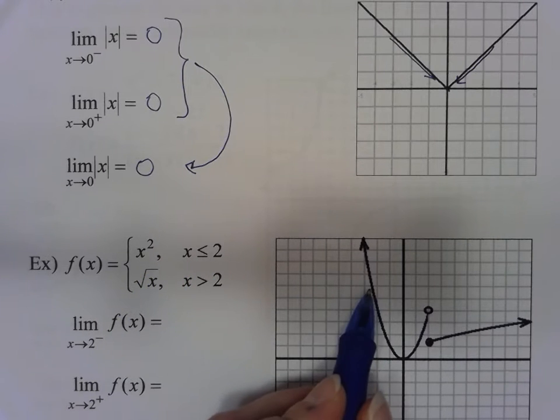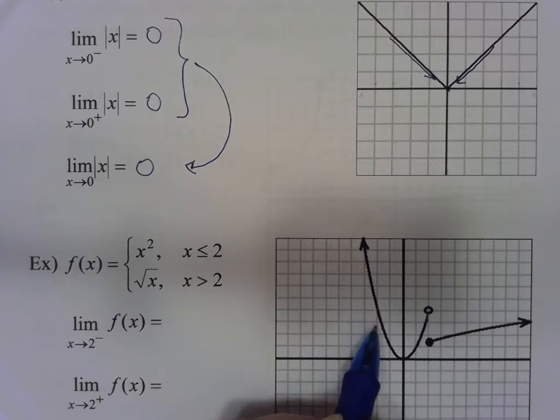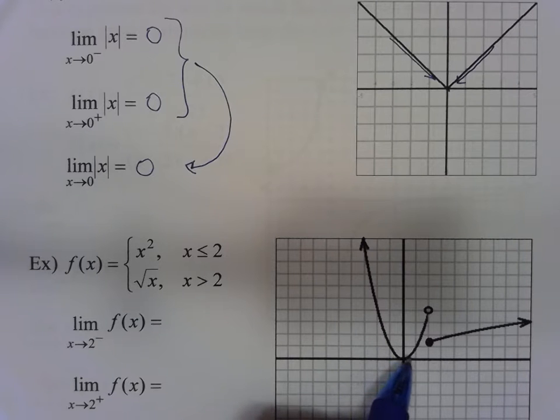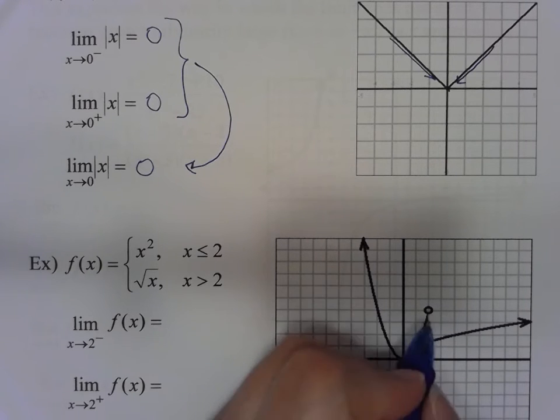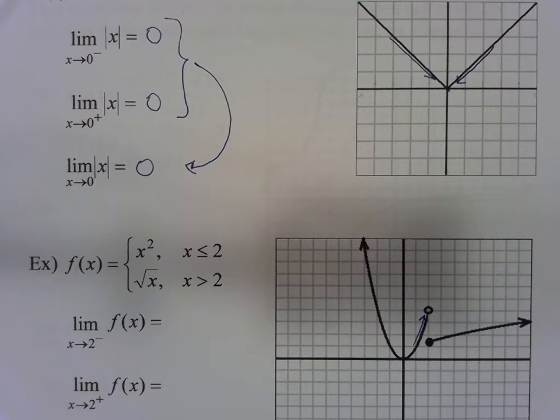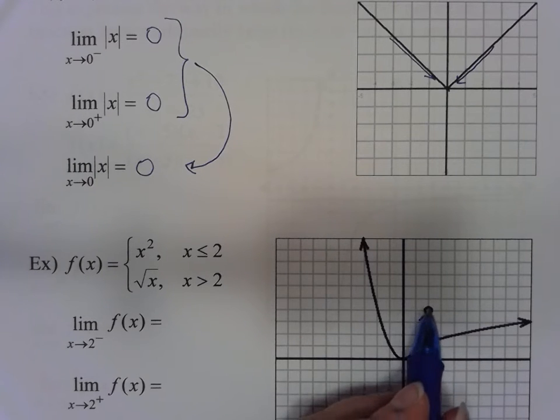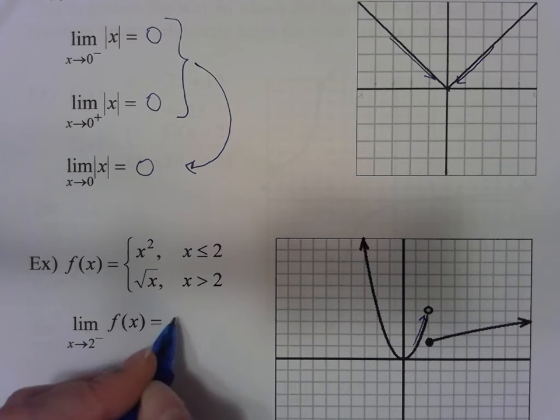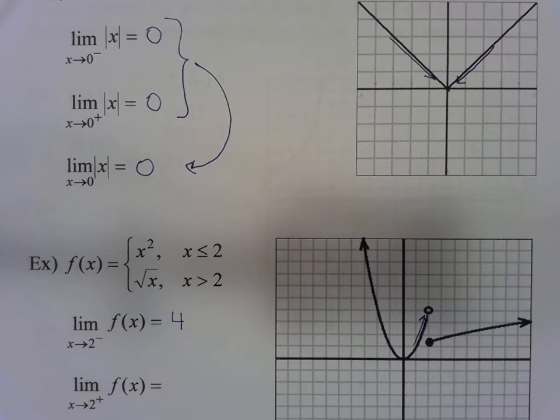As we are coming from the left, getting closer and closer to 2, notice the y values are leading up to this open hole that we've drawn. So the y values are getting closer and closer to the point right there, which has a y value of 4. 2 squared is 4.